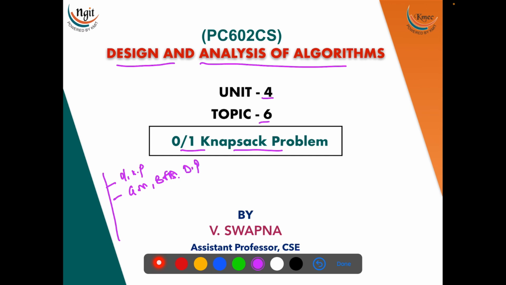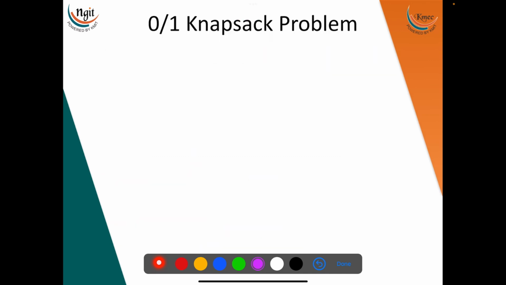There are many algorithm techniques by which we solve this problem. So what is the approach of branch and bound to solve the 0/1 knapsack problem? We'll also generate a state space tree to find the solution using least cost branch and bound. Now let's get started.